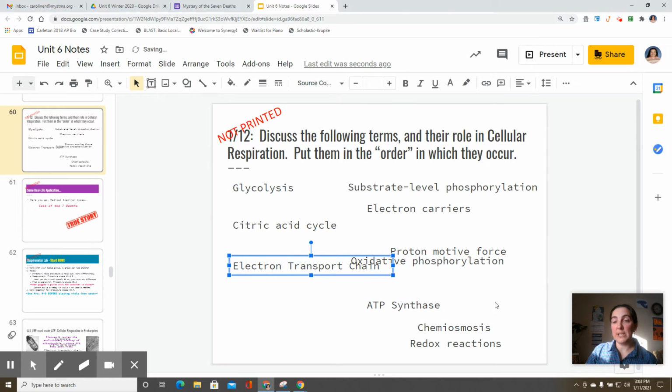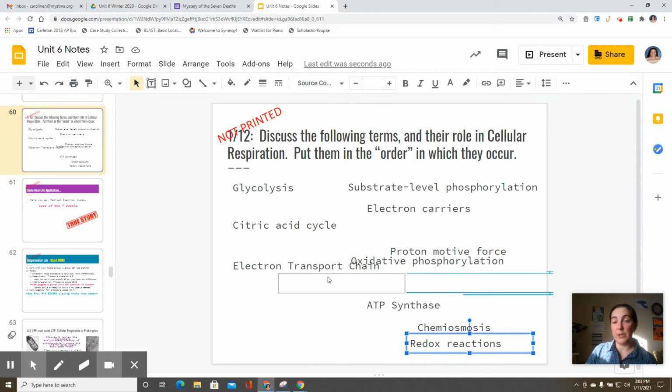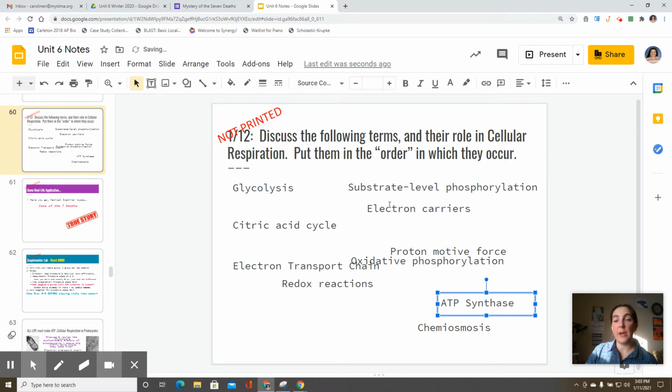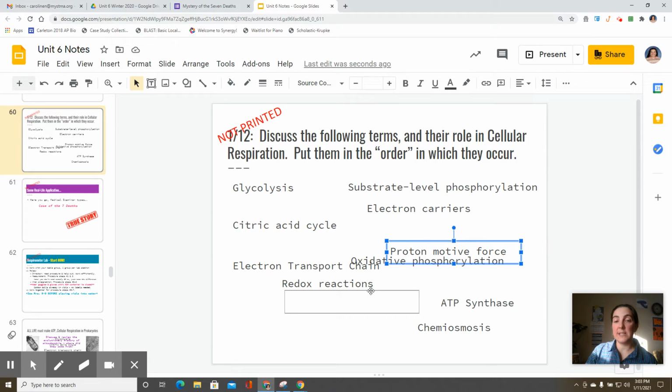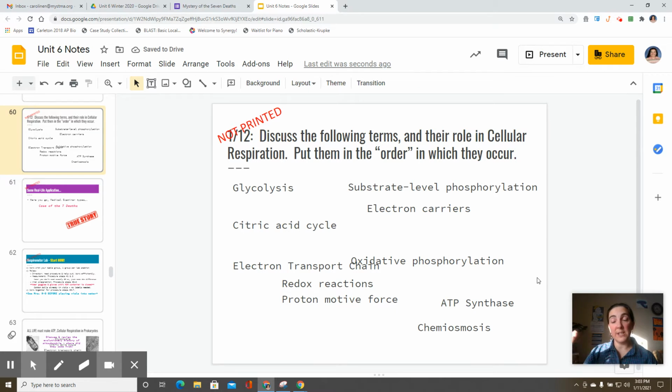The electron transport chain uses redox reactions, which actually happen all the way through, but particularly through the electron transport chain. The electrons from those electron carriers are passed from one thing to the next, which generates a proton gradient. That's that proton motive force, that difference in concentration of hydrogen ions that makes those protons want to diffuse.